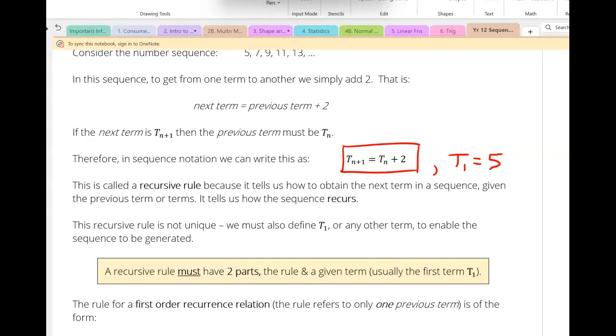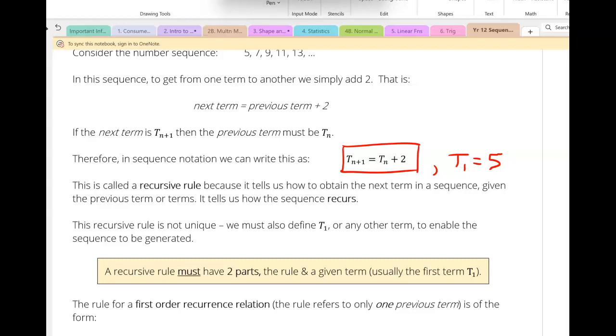All right, the reason why it's called recursive is we're using terms to get another term. So there's 2 types of rules. There's a general rule and there's a recursive rule. Work that we've done on linear functions actually represents a general rule for this type of sequence, where you don't need the term before to get where you want to go. Whereas here, we do.